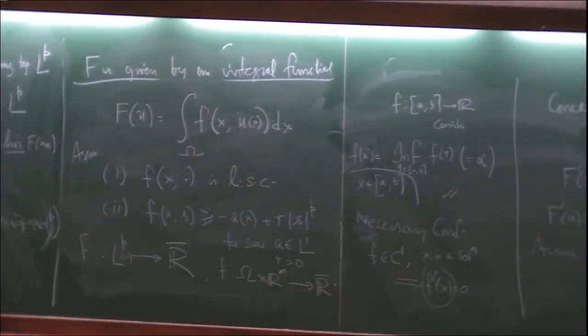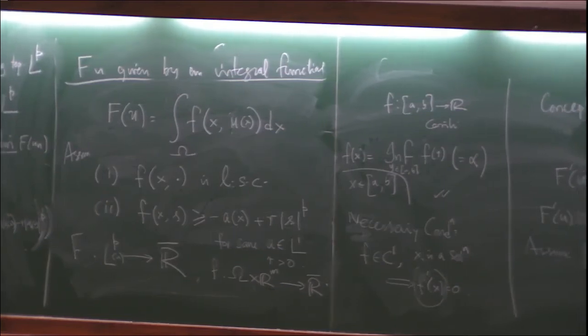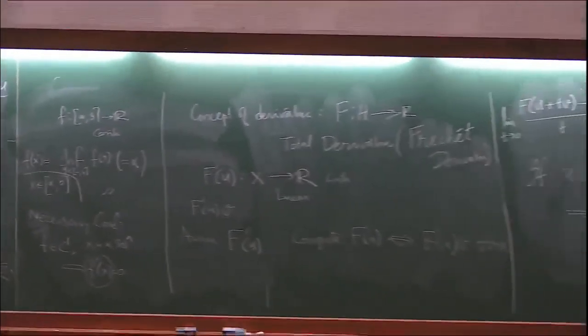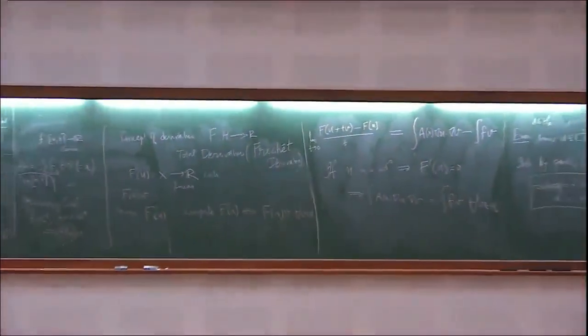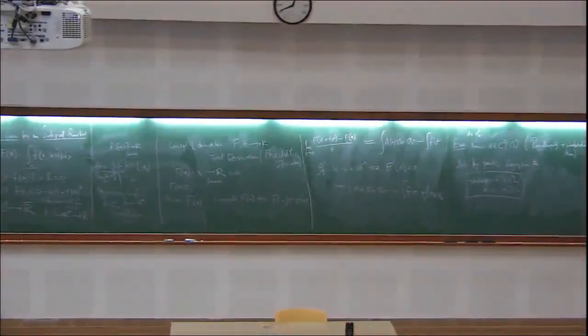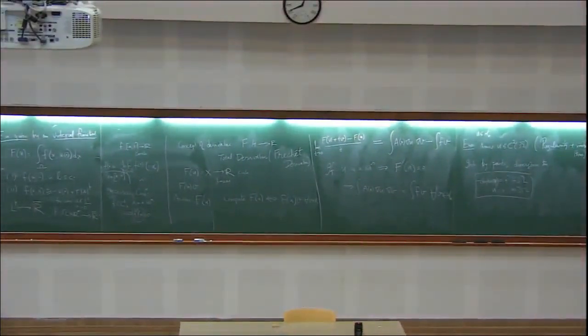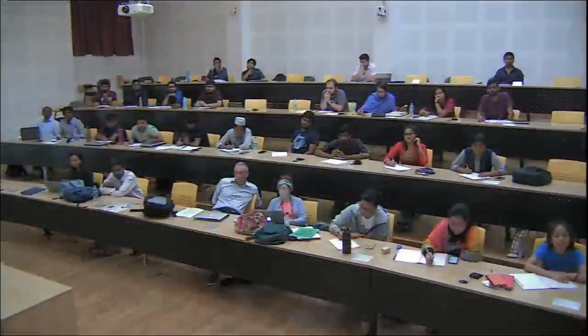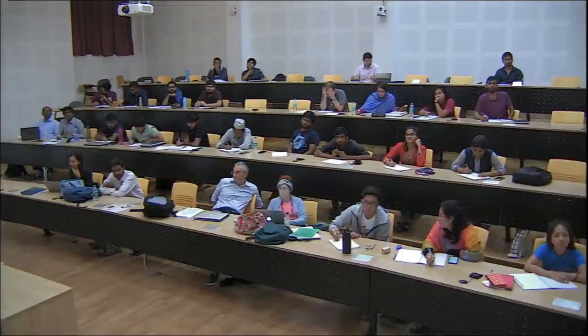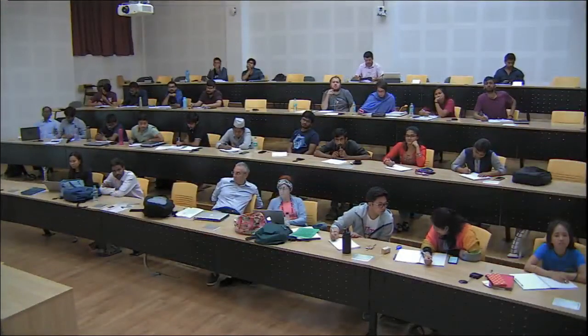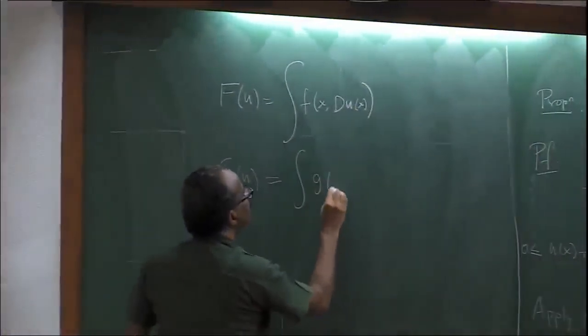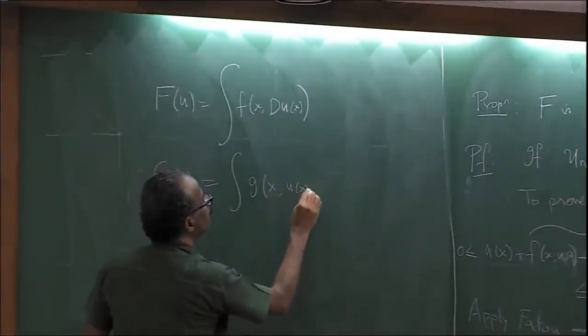But my interest is two other functions. So let me see why these results can be applied. One is a function of this one. So I will quickly explain what we are doing. This function, and then you have your g of u, where g of u is equal to the integral of g of x, u of x.